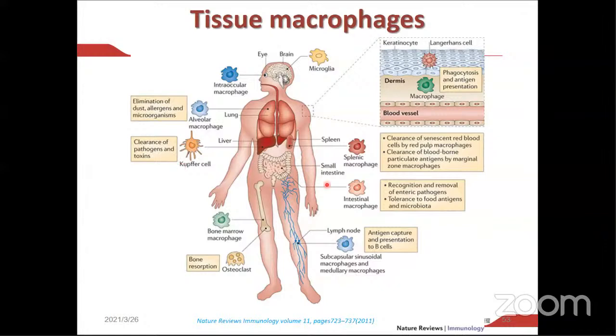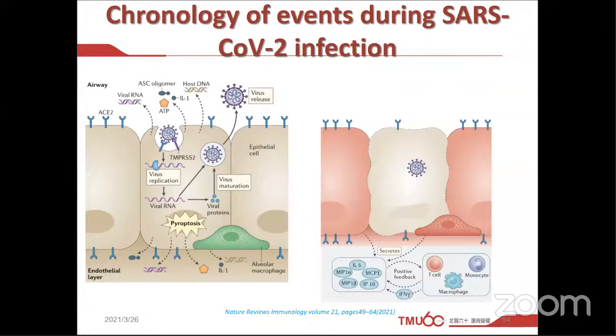Those specialized macrophages look for infection. They look for cell damage. Okay, they will clean up the war zone. They clean up, they take up the apoptotic neutrophils. Okay, so during the inflammation, right, you can see this picture in the COVID-19 patient.